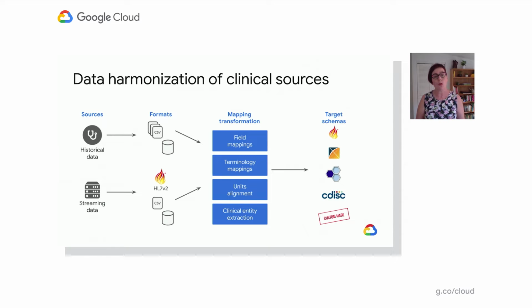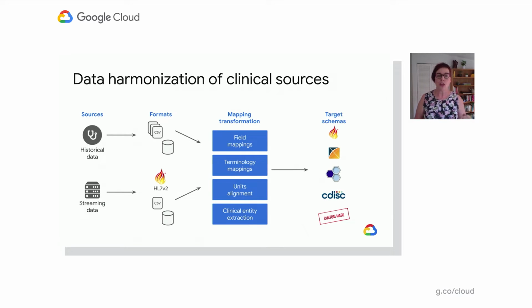Or perhaps you've acquired hospitals and they use a different EHR system than you do. As well as the EHR data sources, you also have clinical ancillary systems like lab systems or pharmacy systems. All of this data harmonized into something coherent enables you to analyze more richly your clinical environment.